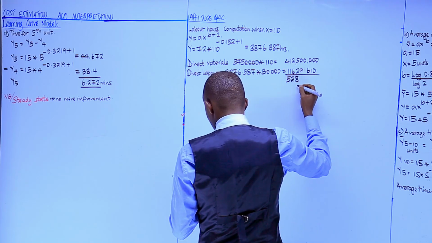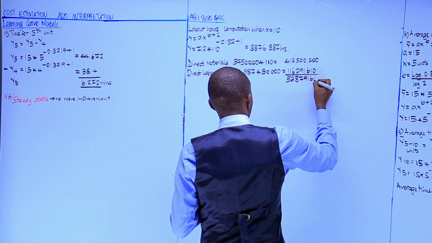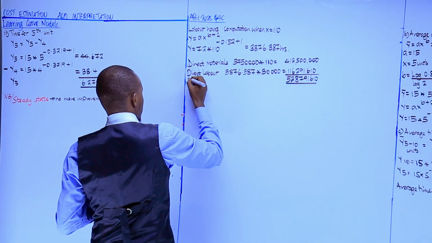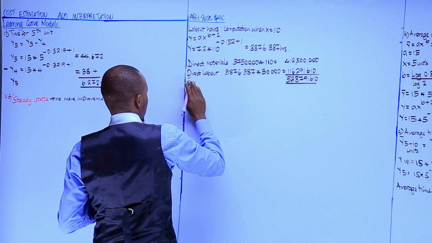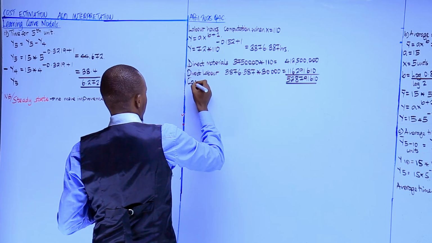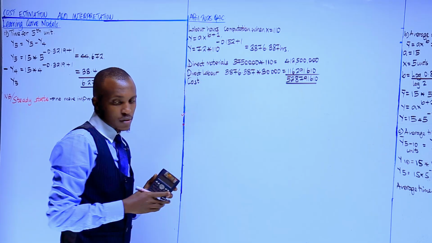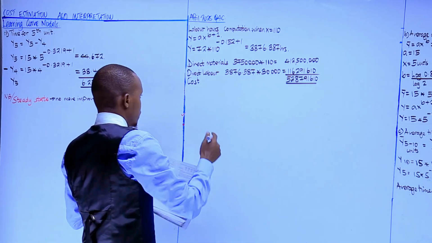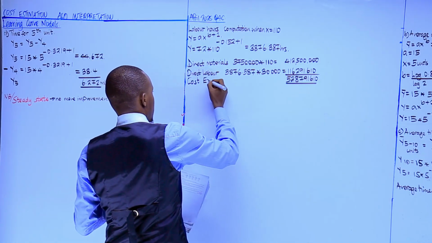It will be 528,610. That is your cost of manufacturing the 110 vehicles. So this is your cost expected.